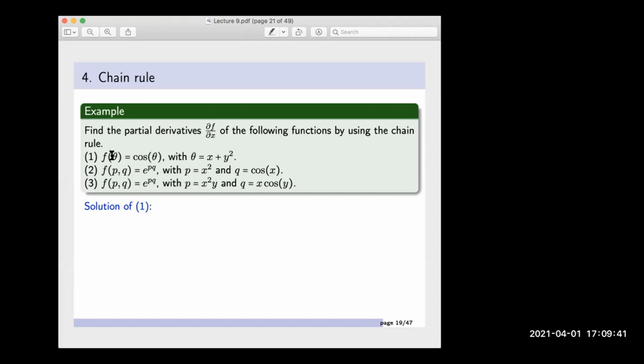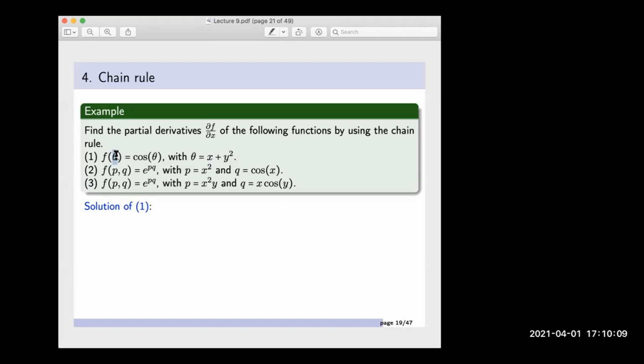First, if your function f is a single variable function of theta, but theta is a function of two variables. In this case, if you take a partial derivative in x, you regard y to be constant, right? If you regard y to be constant, you only have one variable x, and you only have one variable theta.